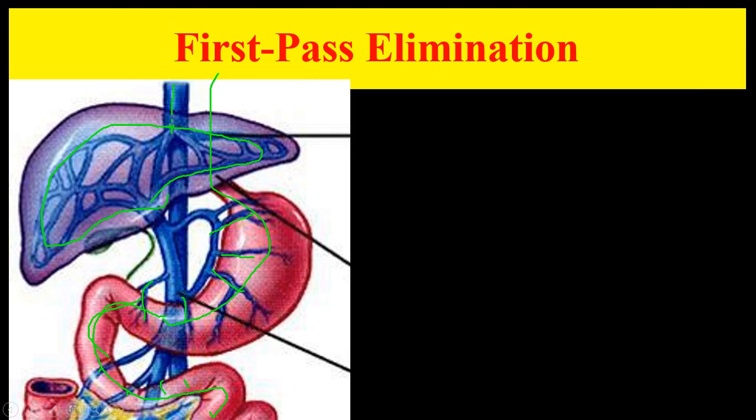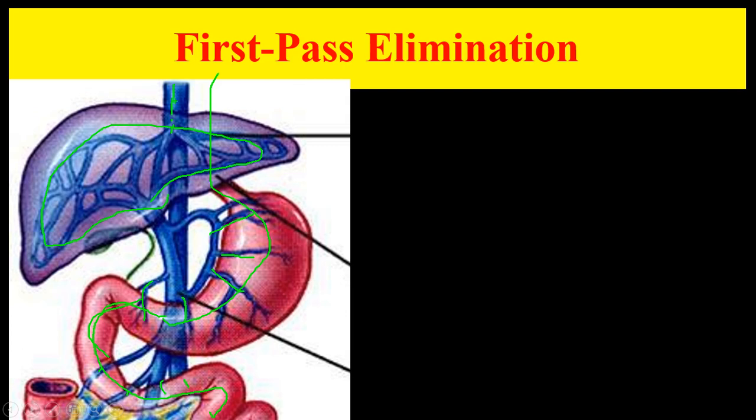So only a fraction of what was present in the stomach will be successful in reaching the inferior vena cava, or the systemic circulation. It is like giving lots of money to one person, and by the time it reaches the target group, the money will be taken on the way by different people, and the targeted ones will get a smaller amount of money.